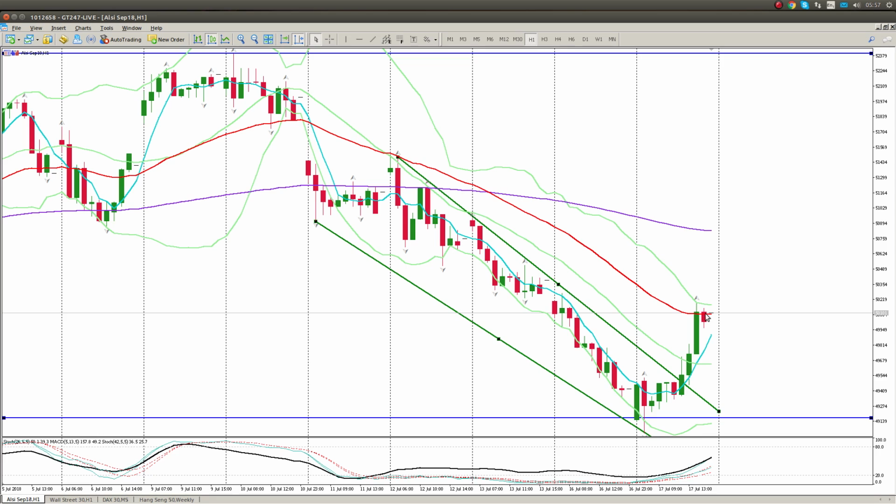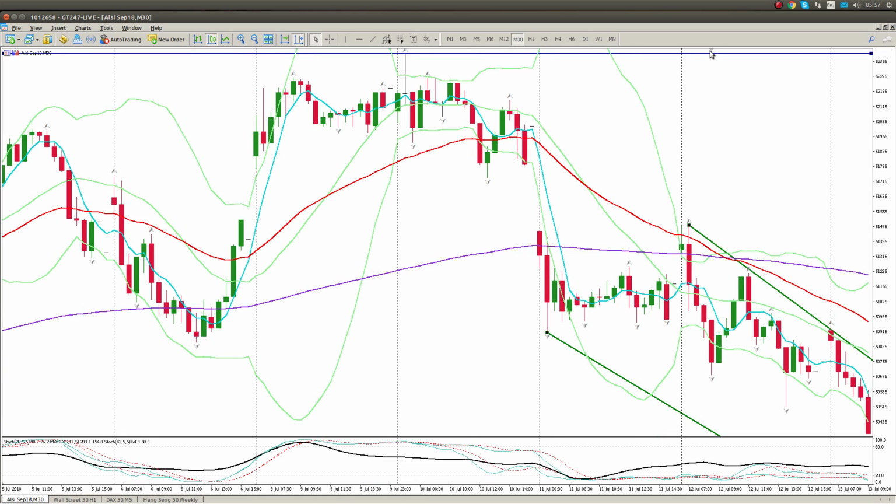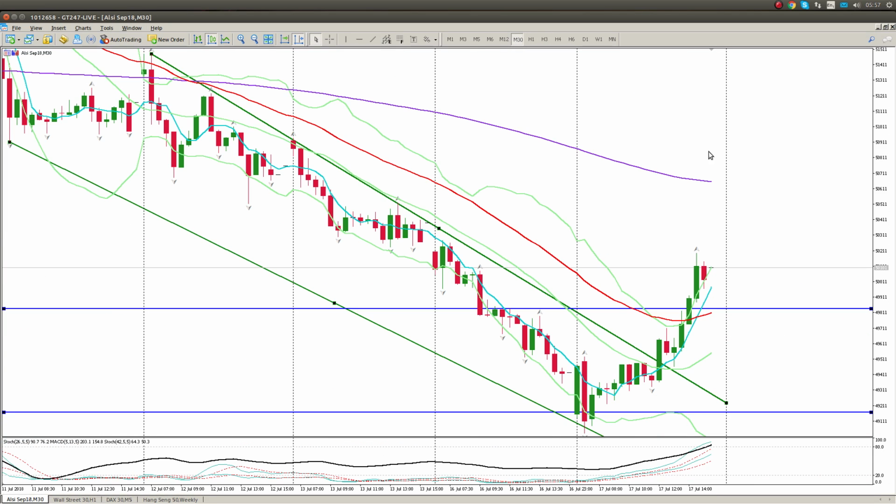I have a feeling we may get a retest of this breakout point here. That would actually be ideal, because you can see every bar here, you've got the tails moving up to the halfway mark.